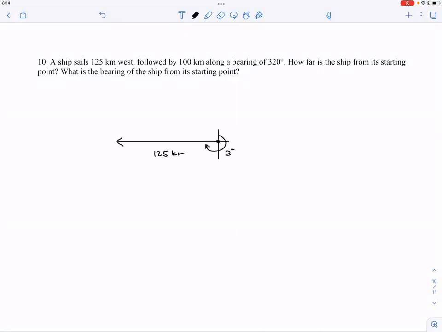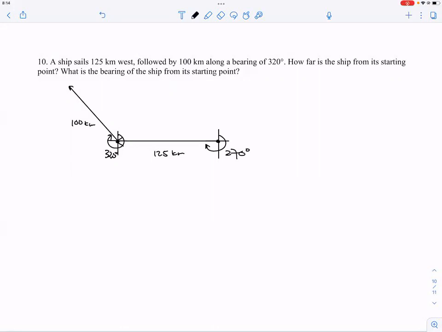West is 270 degrees. Then it continues traveling at 320 degrees for 100 kilometers.